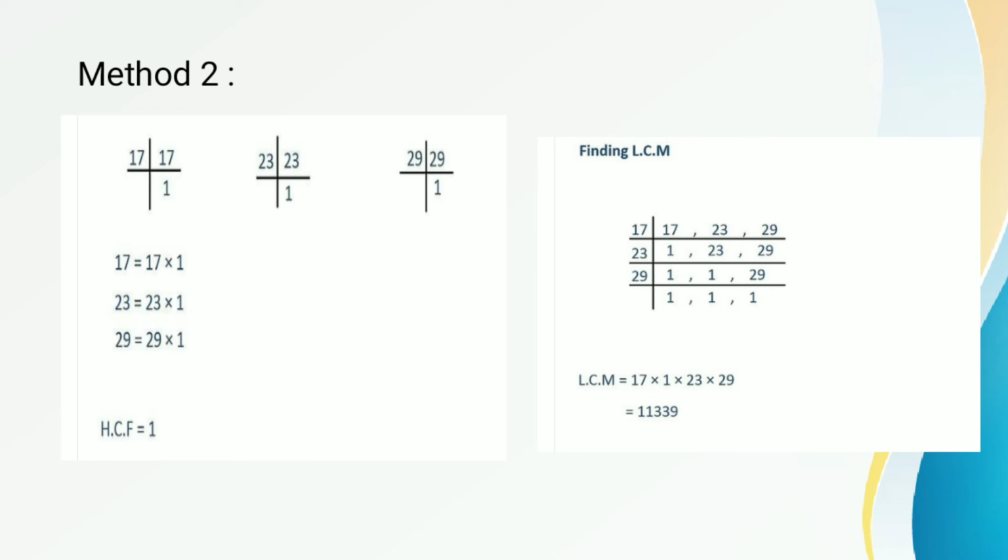Coming to the LCM, all the numbers are written in the same column and we consider the LCM of all the three numbers as 17 into 1 into 23 into 29. We get the answer 11339. It is the LCM of all the three numbers 17, 23 and 29.